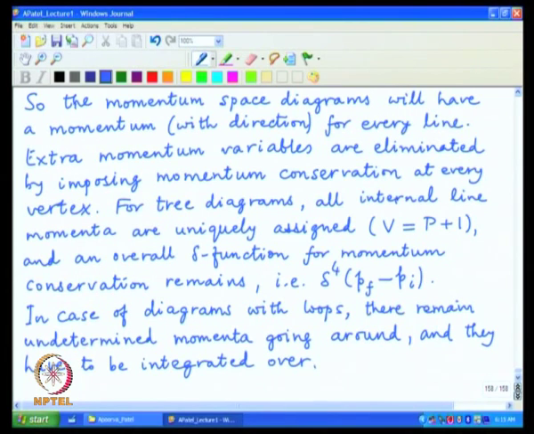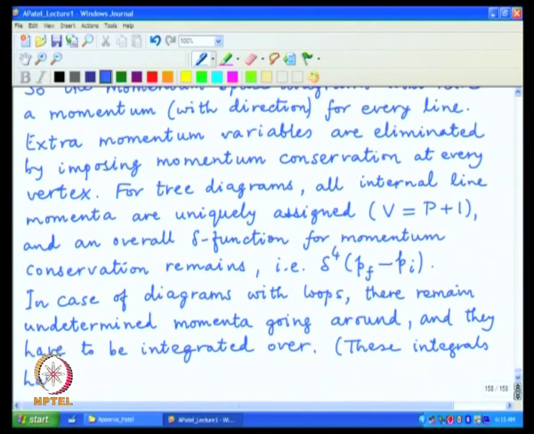and in case of loop diagrams, these integrals may have to be handled with little care, because their momenta go from minus infinity to plus infinity, and these integrals have to be often handled with care.